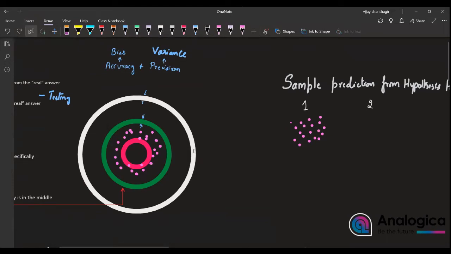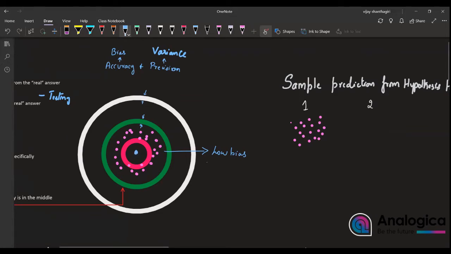This situation is one of low bias or medium bias, because the mean of it is actually here, isn't it?